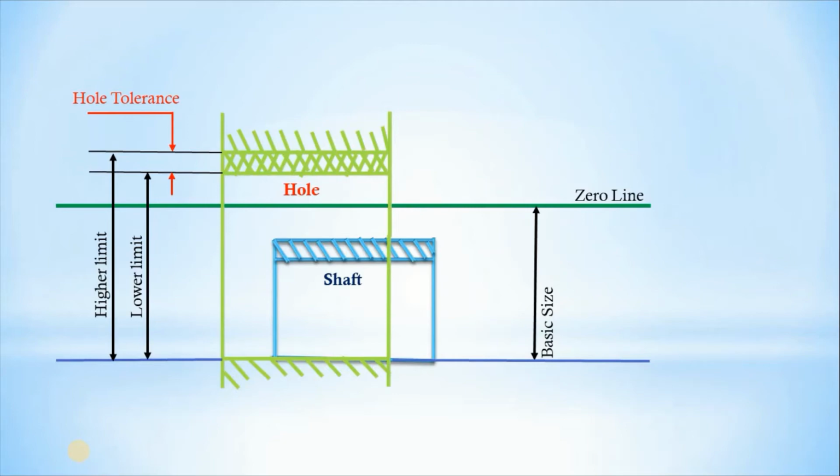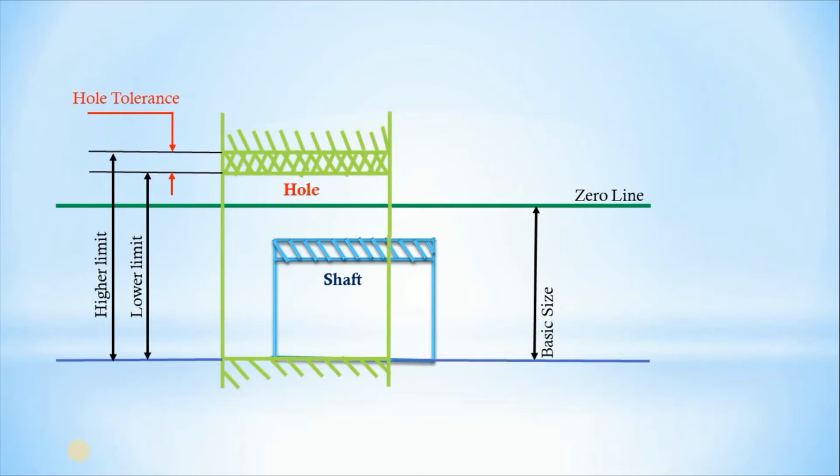So based on the tolerance we provide, we get two limit sizes for the hole, the higher limit and the lower limit. If the manufactured part comes in between these two limits, then that part is acceptable based on the basic size. So that is the tolerance, and based on that we get limits.